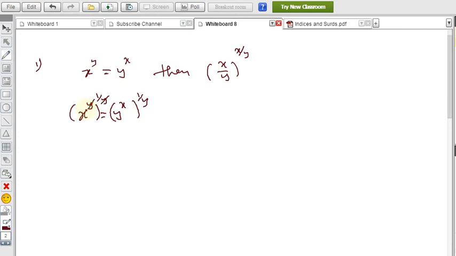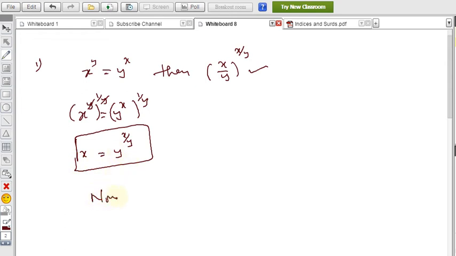So y by y cancels and x is equal to y to the power x by y. Then x by y whole to the power x by y, we need this value now. So we got x is equal to y power x by y.